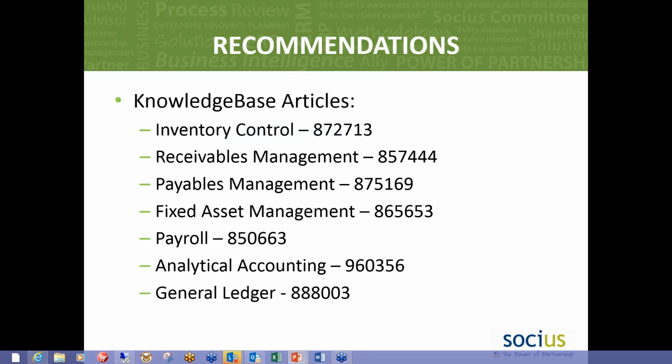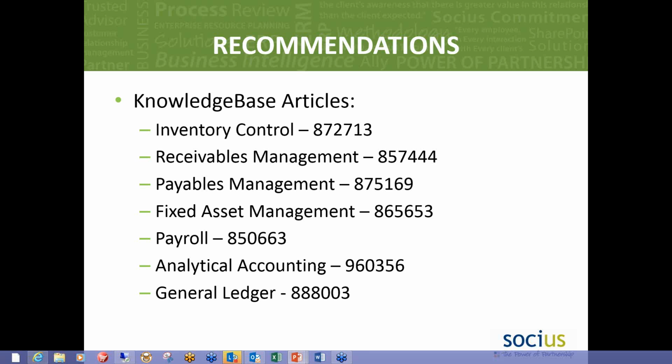Going back to CustomerSource one last time, one of the things that makes it easy to find these checklists is that every one of these checklists is assigned a knowledge base article number or ID, and you can see here in this list are those numbers.